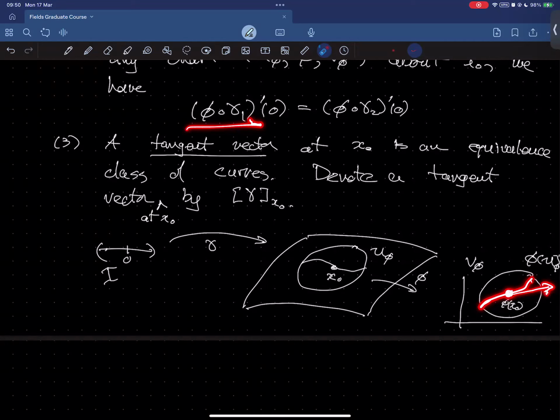So in your first multivariable calculus course, that's how you think about the derivative of a curve as being a tangent vector. It's like the velocity as you move along the curve as you pass through this point. So I can draw this thing, and here it even makes sense. So this thing here is phi. Sorry, I've run myself out of space.